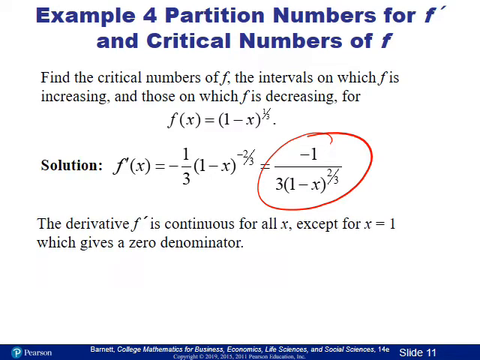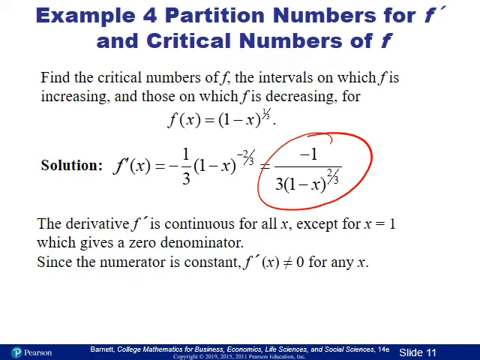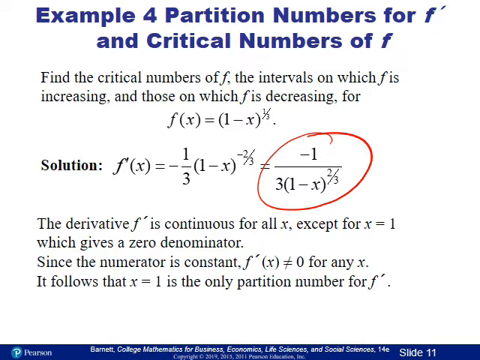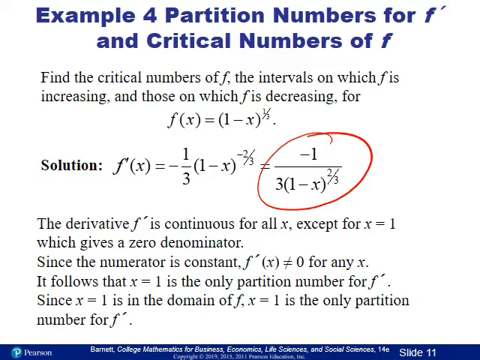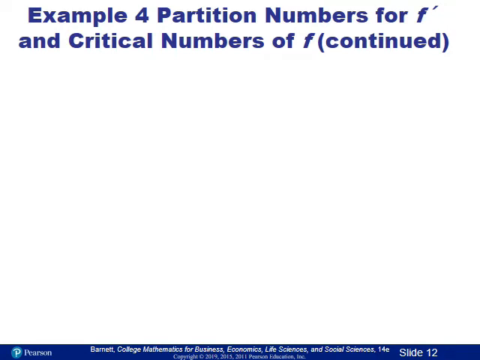The derivative f dash is continuous for all x except x equals 1, which gives a 0 in the denominator. Since the numerator is constant, f dash of x is not equal to 0 for any x. It follows that x equals 1 is the only partition number for f dash, and since x equals 1 is in the domain of f, it is also a critical number for f.